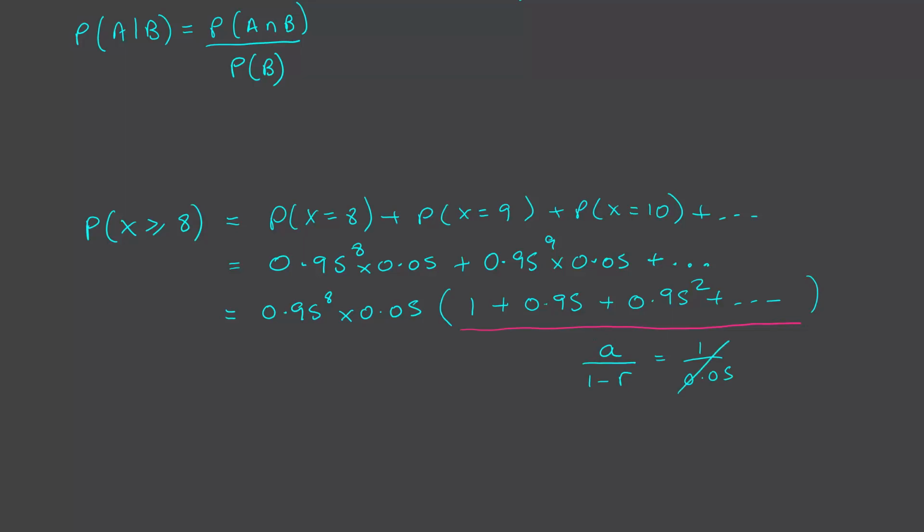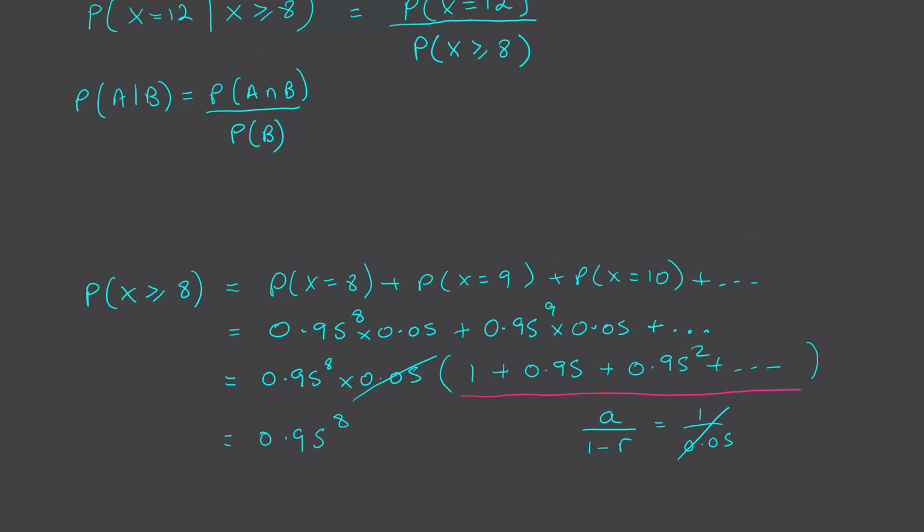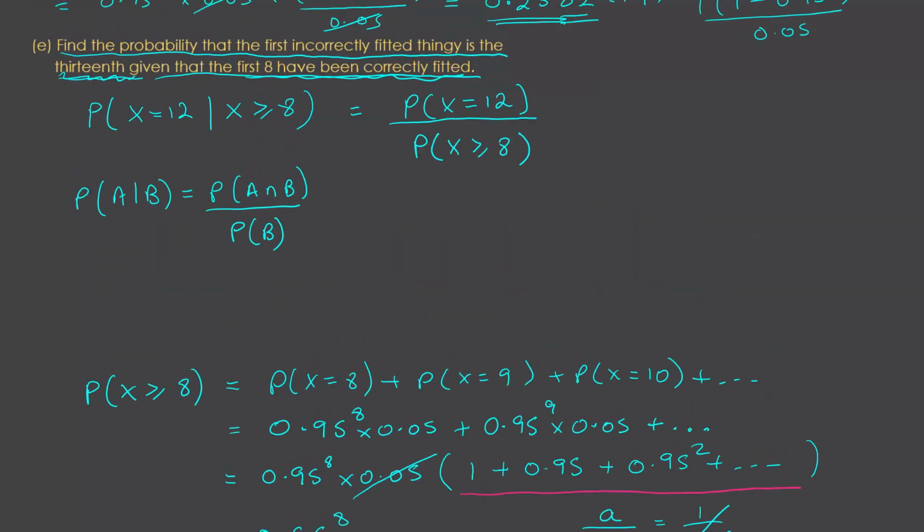So that is going to cancel with that, and essentially we get left with 0.95 to the 8. So going back up here, we've just established the denominator is 0.95 to the 8, and the top, of course, is 0.95 to the 12 times 0.05.